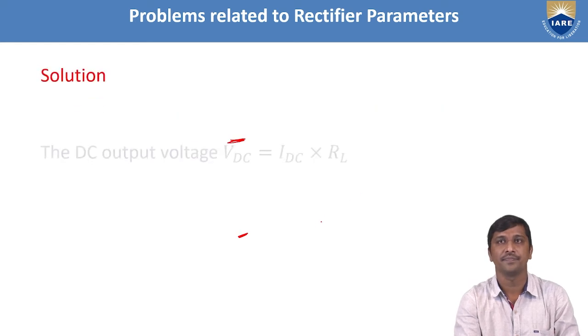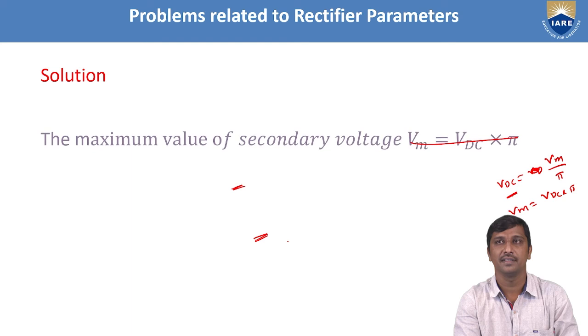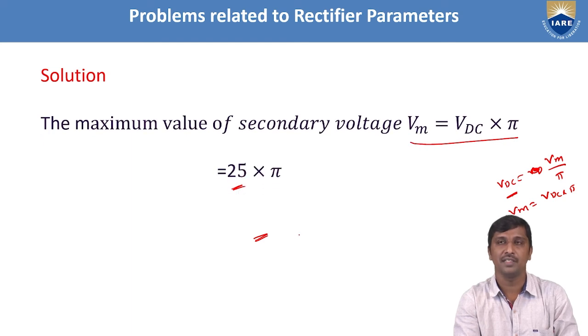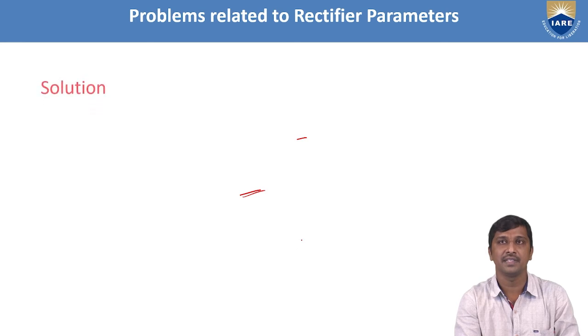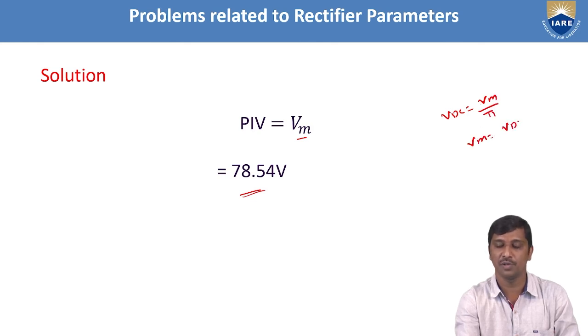To identify the peak inverse voltage, first I identified the Vm voltage. The peak inverse voltage is Vm, that is 78.5 volts. To find this Vm, I used the relation VDC equals Vm by pi, so Vm is equal to VDC times pi.